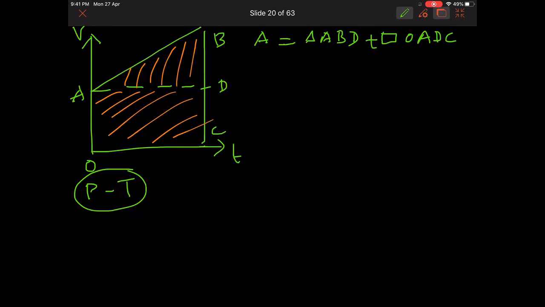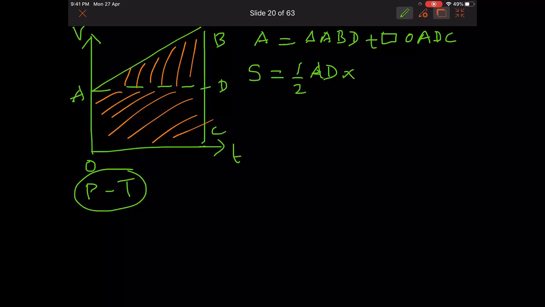So on the left side I have area. When I calculate the area, it becomes nothing but distance. So I will write area as distance actually, right? Okay, what is the area of triangle ABD? I can write it as half base into height. What is the base? Base is AD.